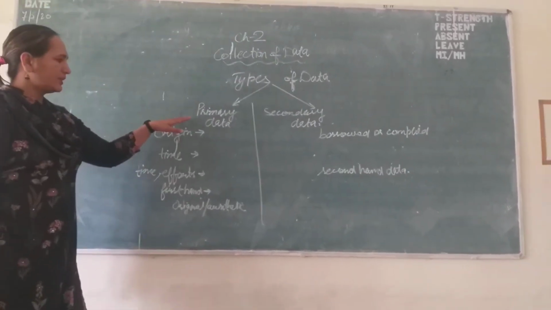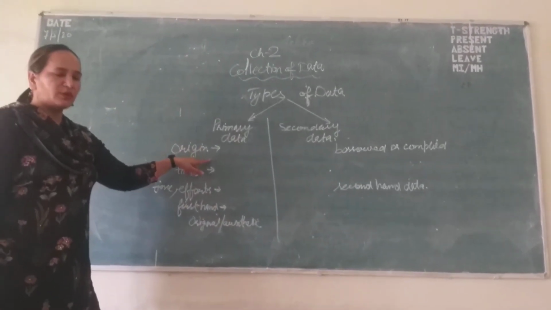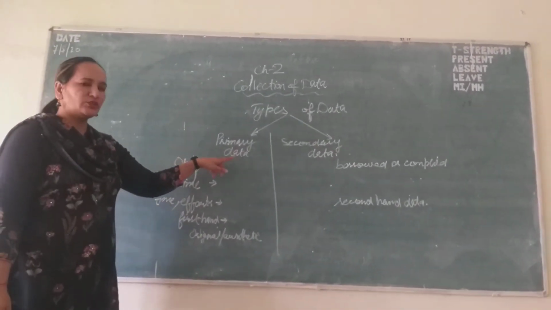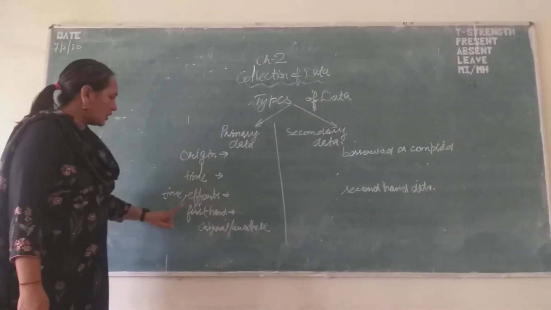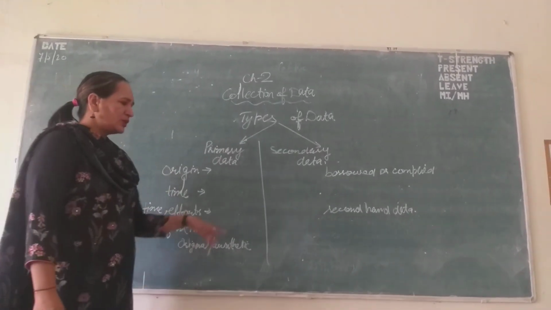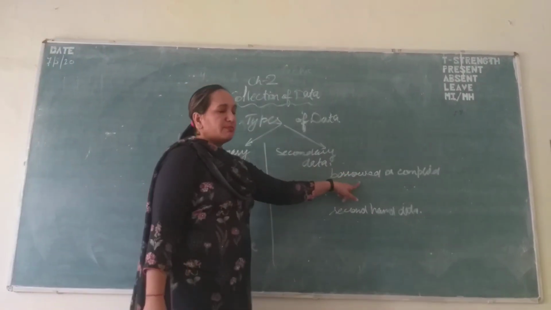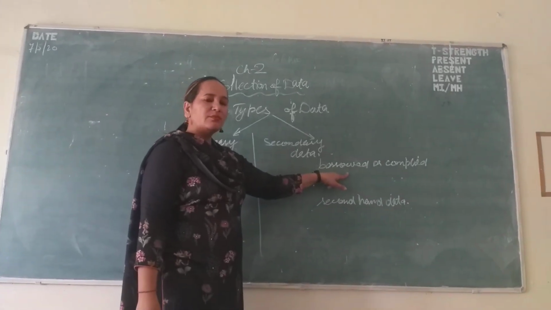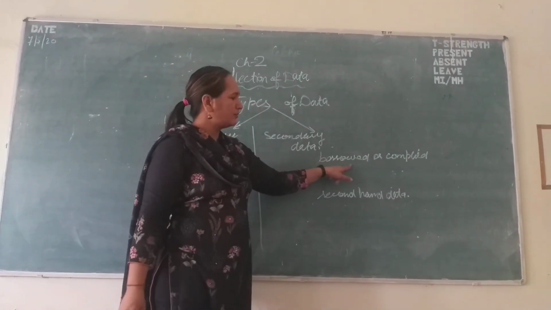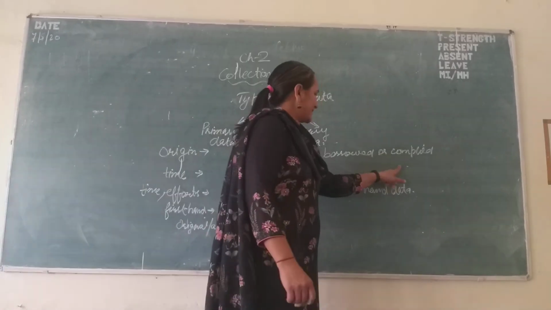First is meaning. Primary data is collected by the investigator from its source of origin from beginning to end. This is called first-hand information also. Secondary data is borrowed or compiled by the investigator from other institution or person where it is already in existence.